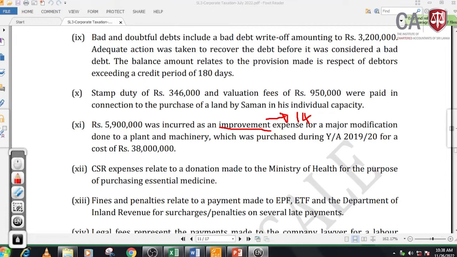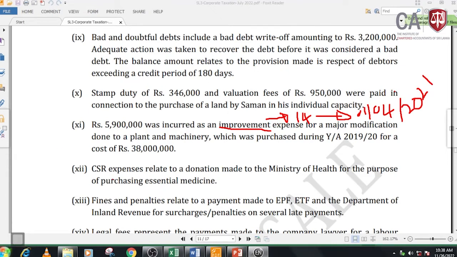Okay. Then it's given as repair and improvement. Now repair we are not considering. From 1st April 2021 onwards, we are not considering the repair, but we have to consider the improvement. Improvement charged to the income statement. What is the amount charged to the income statement? 5.9.